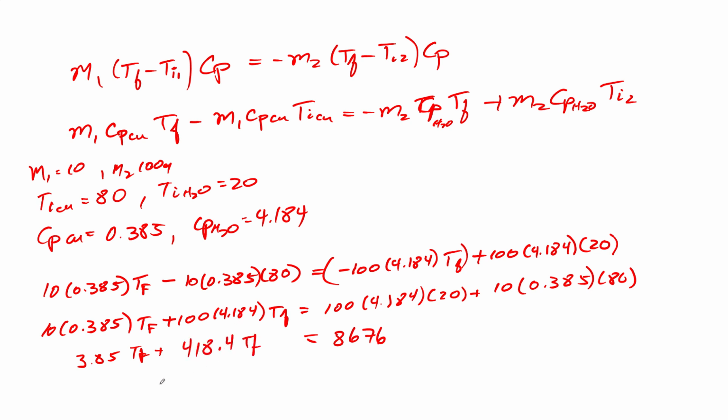Add those two together, and we're going to get 422 TF equals 8676. Now we're going to divide both sides by 422.